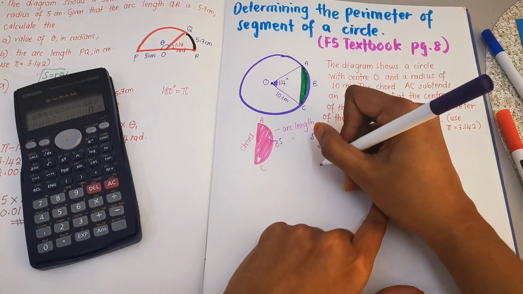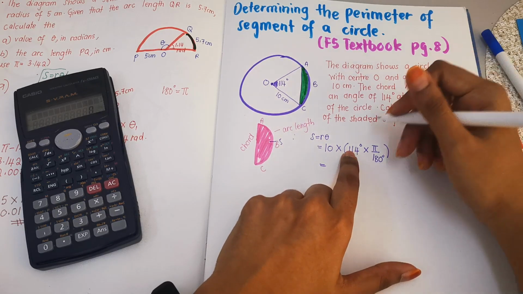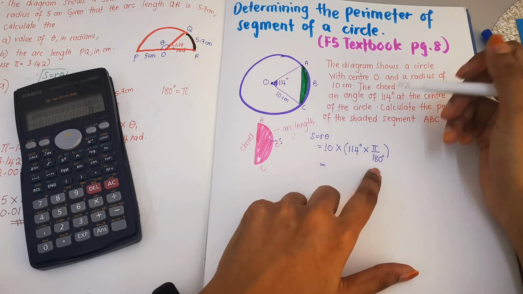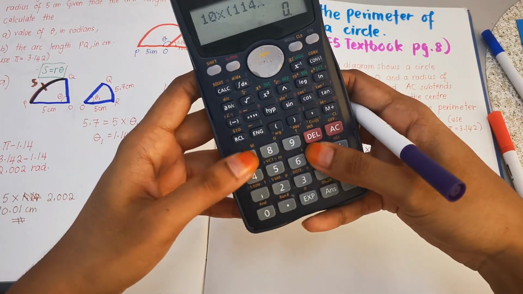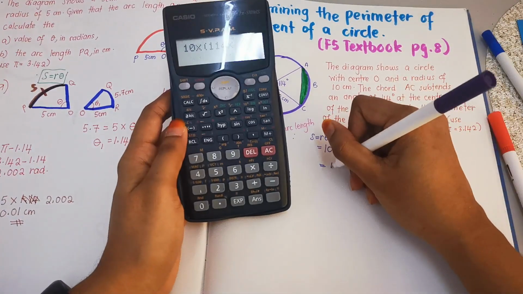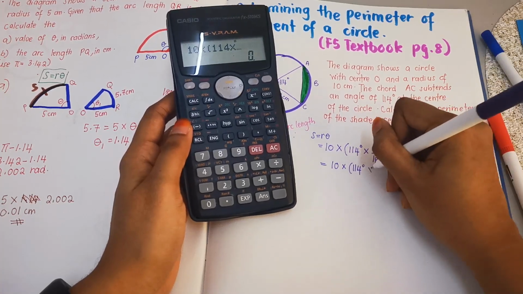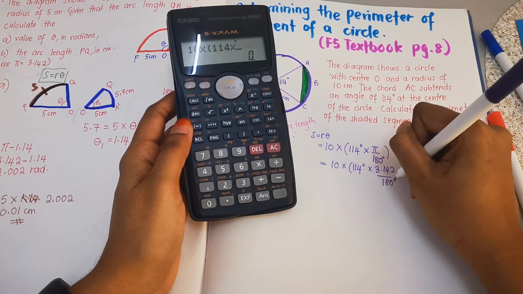There's one technique that I showed you, which is if the degree is here and you want to change to radian, the 180 will be down. So 10 times 114 times, of course the pi we have to use 3.142, over 180.